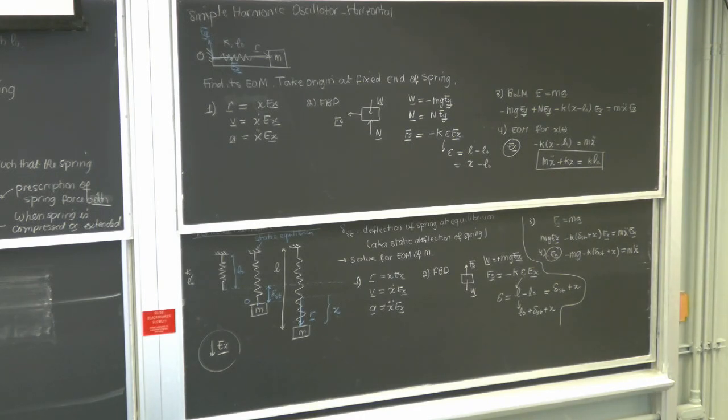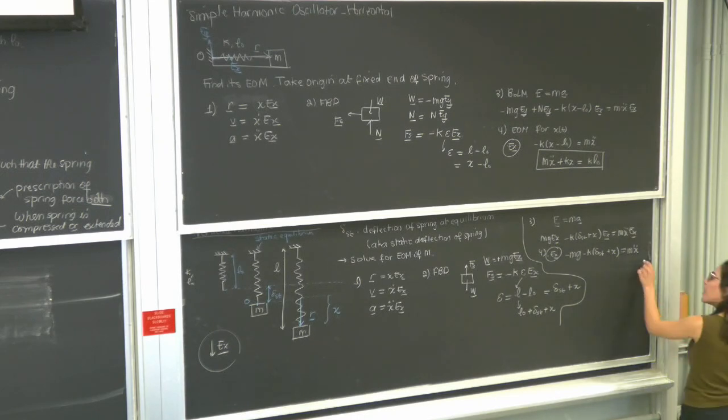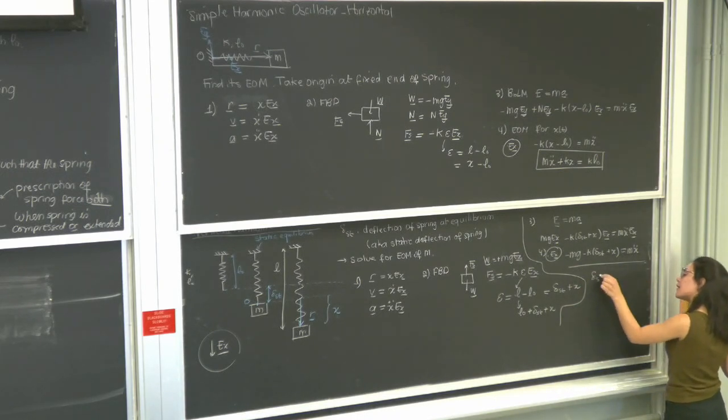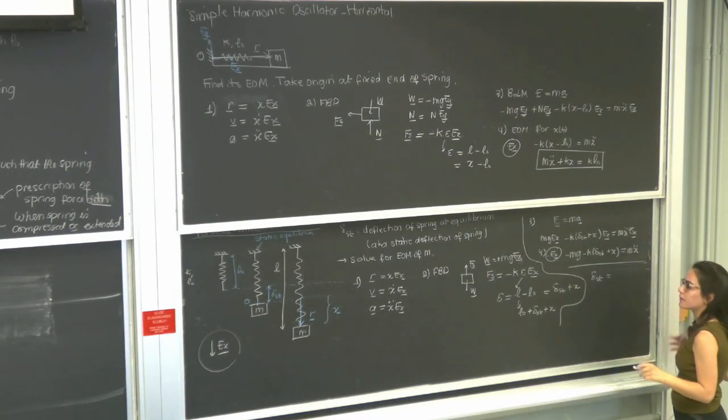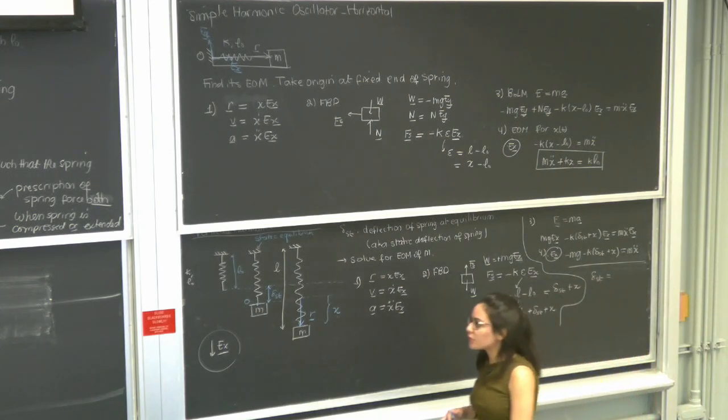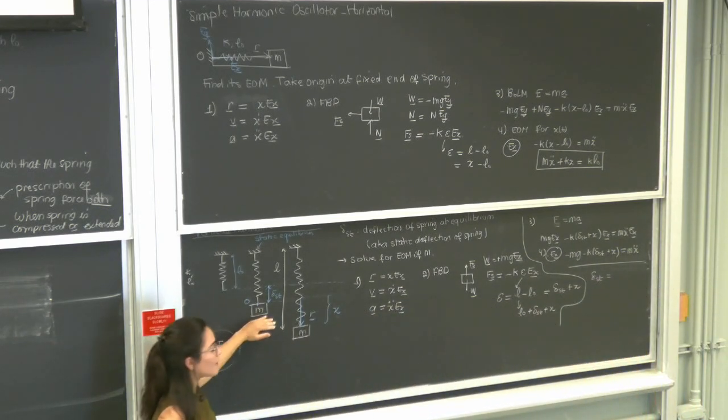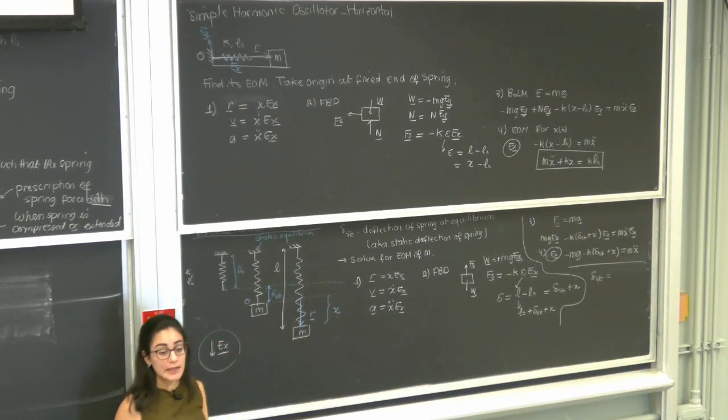Now I want you to take 1 minute and solve for the static deflection. Figure out a way to solve for it. Before I let you do this, what is x double dot? 0. Right. So go ahead and solve for the static deflection. What is it going to be? You would just write F equals ma for this state, and a is just 0.